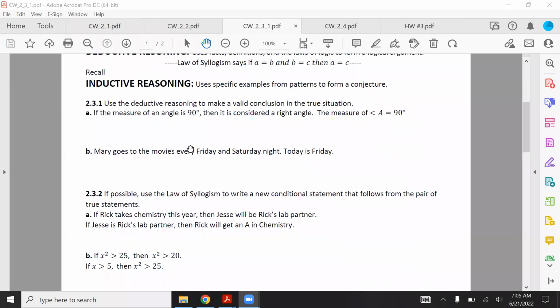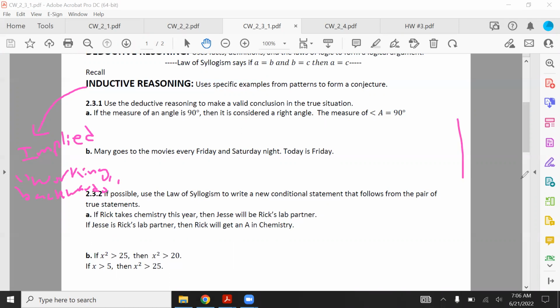Inductive reasoning is more about things that are implied, kind of working backwards. So here, if the measurement of the angle is 90 degrees, that's a right angle.